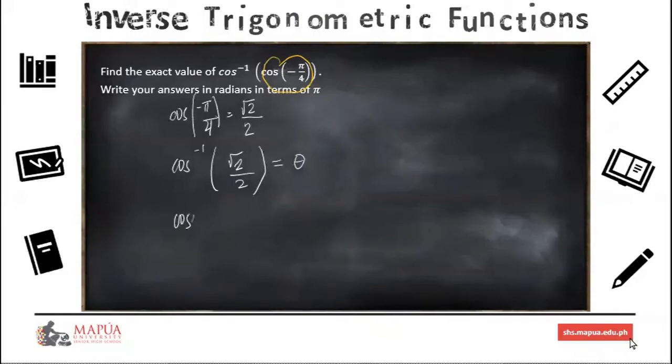Cosine theta is equal to square root of 2 over 2. The value of theta that will give us cosine theta equals square root of 2 over 2 is pi over 4. Therefore, theta is equal to pi over 4. And this is the final answer.